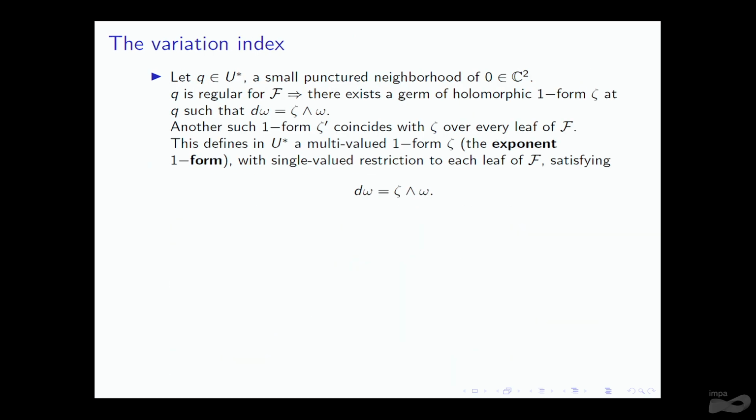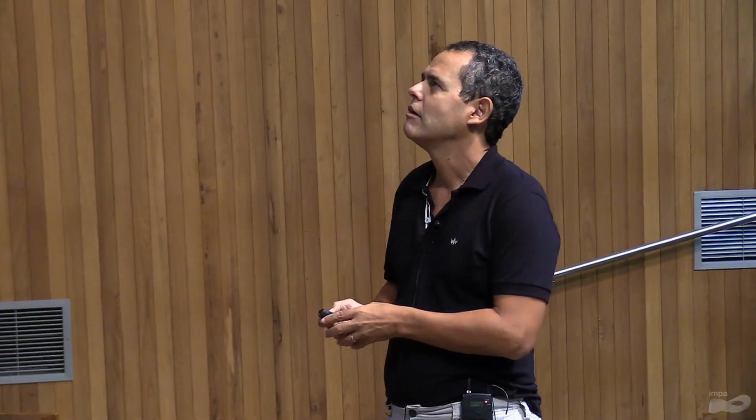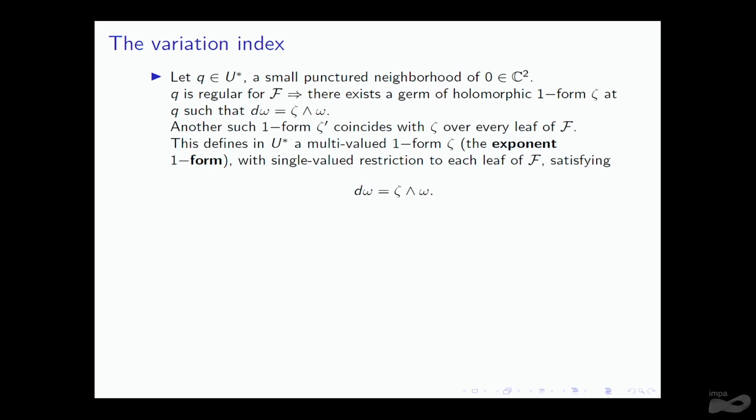Now, another index that does not appear in the statement of Brunella's theorem. I have a foliation and a small punctured neighborhood of the singularity of the foliation. At a point Q, F is regular, so I can find a holomorphic one form zeta at Q such that d omega equals zeta wedge omega.